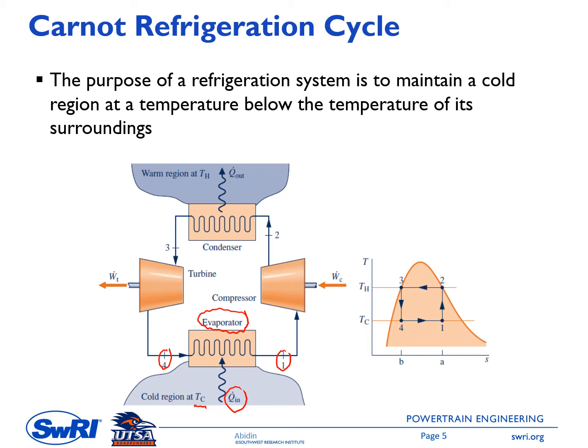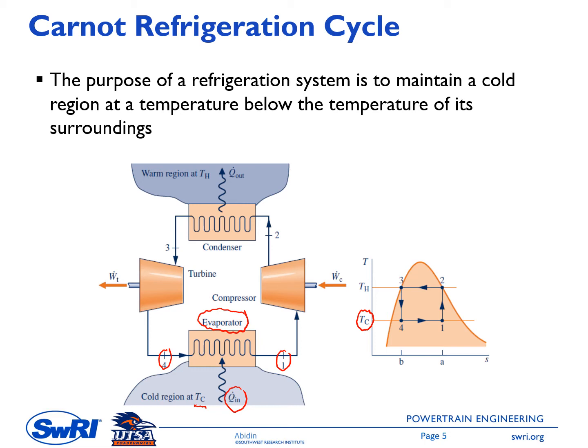And in this Carnot refrigeration cycle, we assume that the heat transfer occurs reversibly. So it means we don't need to have a delta T between the region temperature and the working fluid temperature. Therefore, you can see in this TS diagram, Tc is the temperature of the room that we cool, and the temperature of the refrigerant inside the evaporator is also at Tc.